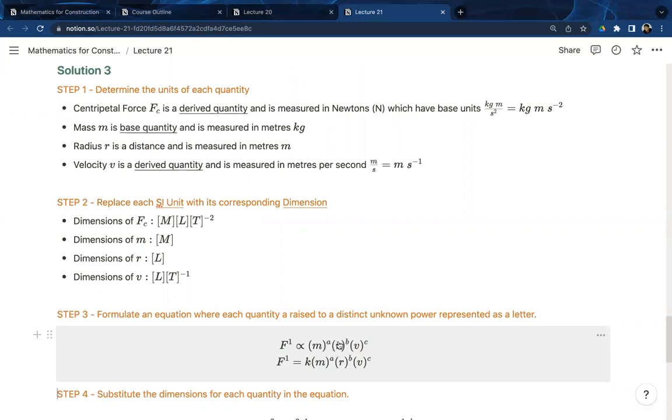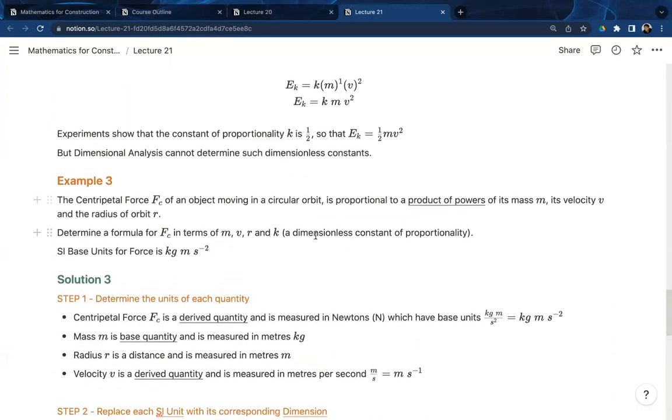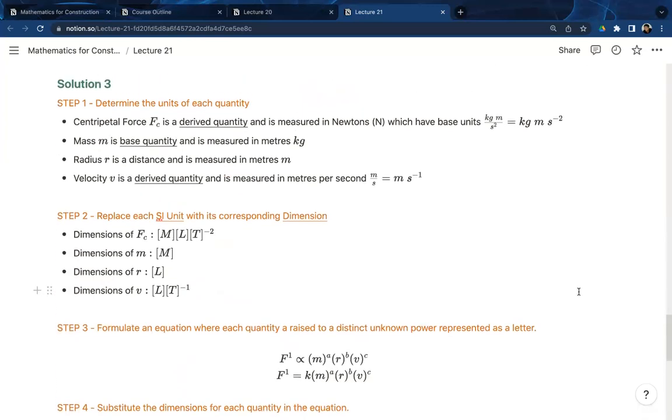We don't know what these powers A, B, and C are, but these are proportional. To change it to an equation, we multiply by some constant of proportionality, K, which is what they said to do right here. So, okay, step 1 looks good. Step 2 looks good.